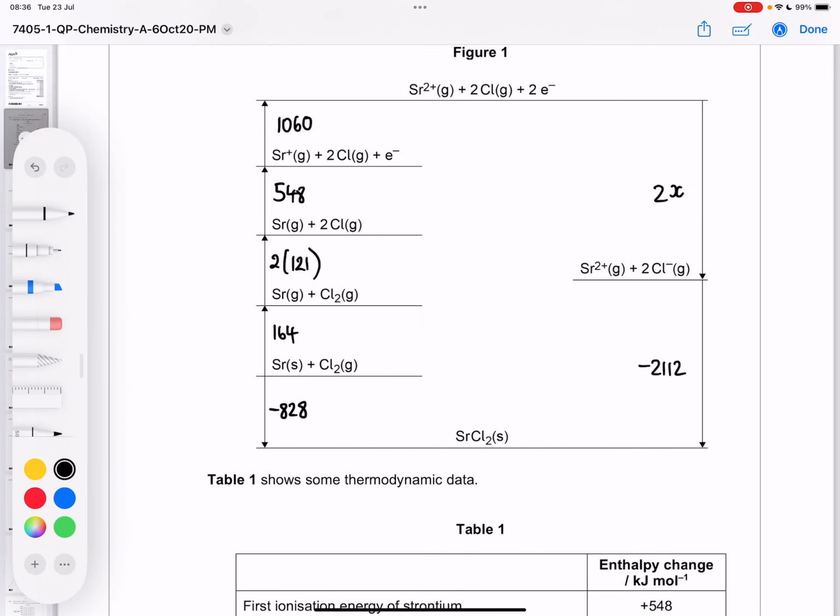So you can do this one of 2 ways. You could use Hess's law, which says if this is route A, this is our route 1, then route 2, starting at the same place but going the other way around, will have the same value.